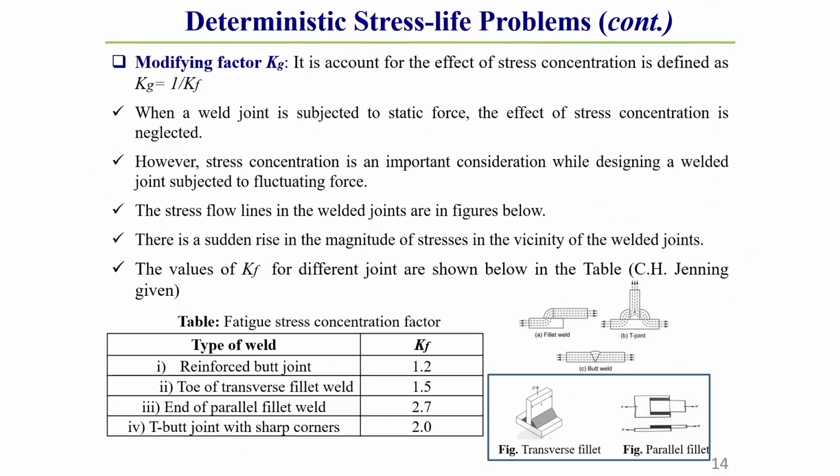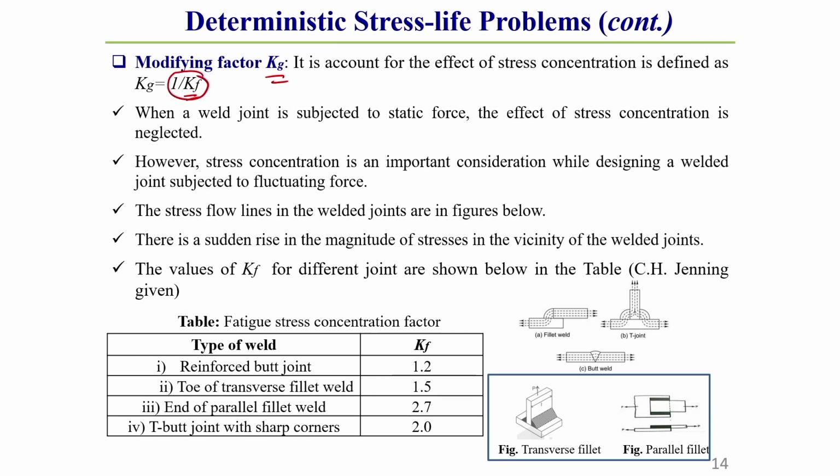Now, this modifying factor I am showing, Kg, is generally represented as the actual stress concentration factor, the miscellaneous modifying factor which we use for stress concentration effect, that we can write as Kg equal to 1 by Kf.